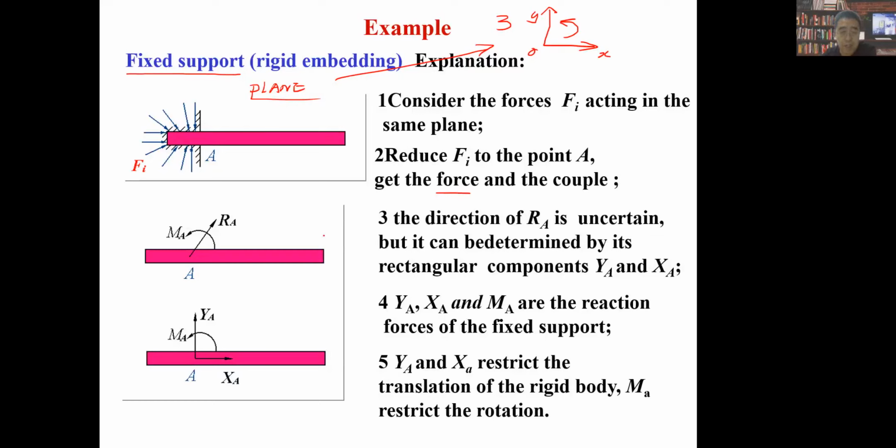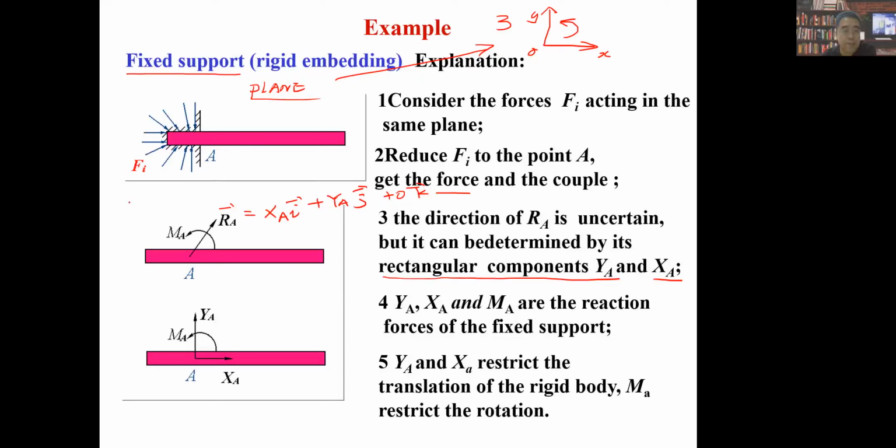Then we can just use 2 rectangular components, YA and XA, to denote its direction, right? Because RA always equals XA i plus YA j, because it is in plane, so it always has 0 components along k, the direction, right?